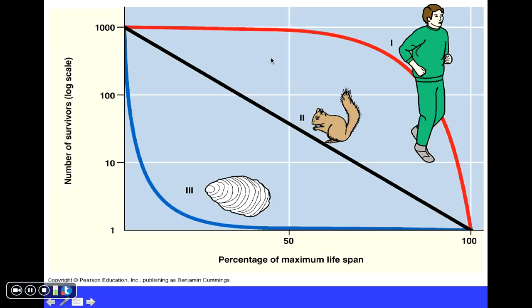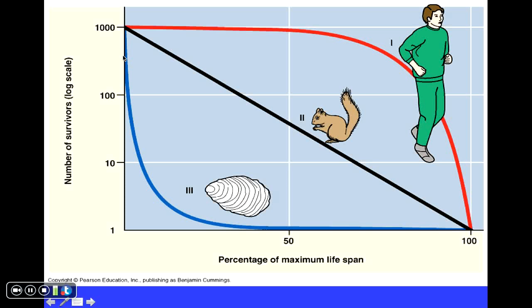For example, humans, for the most part, in this day and age, most babies that are born tend to live into adolescent years, teenage years, and it's not until we reach the end of our maximum lifespan that most humans tend to die off. The other extreme, illustrated by clams, mussels, starfish, sea urchins, is a different approach.